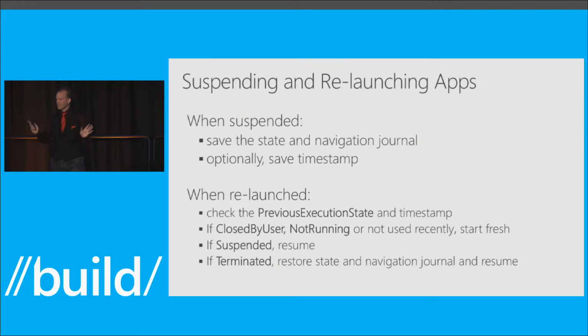So just resume, continue where you were, and you should be fine, right? And terminated, yeah, that's when, from memory pressure, your instance has been removed from memory. Your state, everything should be saved on disk, and you should restore everything, including the navigation journal, so that the user can resume from where they were.